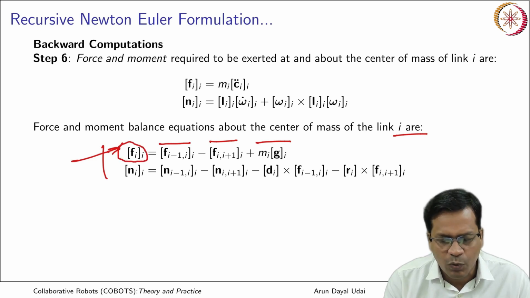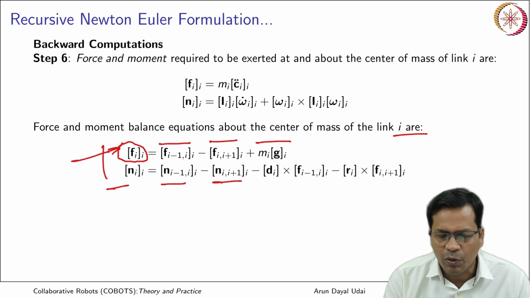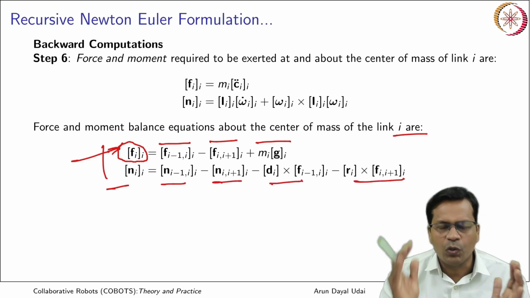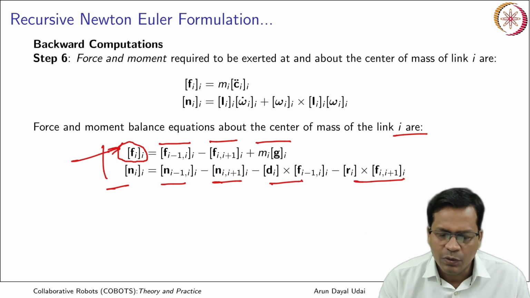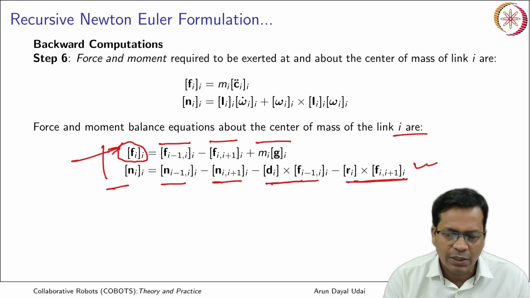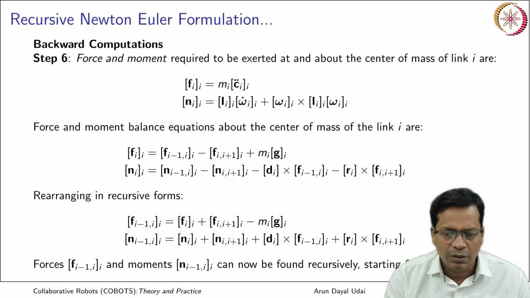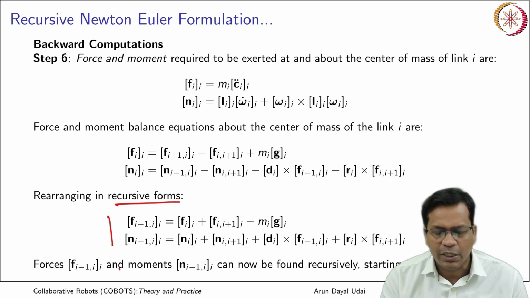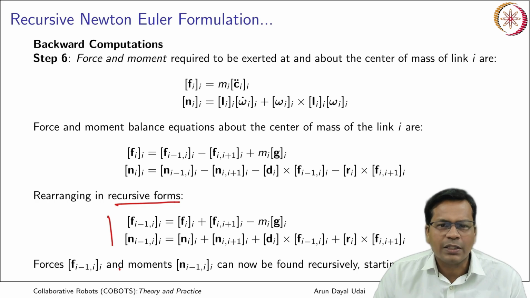Similarly in case of moment, these are the moments coming from both directions. This is due to the joint forces on both sides, which create moment at the center of mass location. So that is also having a resulting moment. This can be rearranged in recursive form like this. So the forces and moments can now be found recursively starting from the last link.